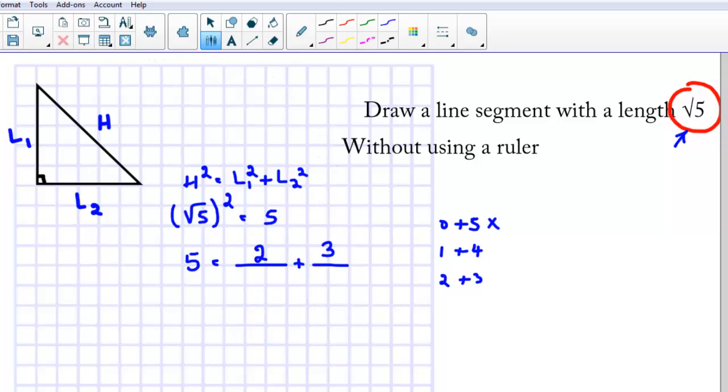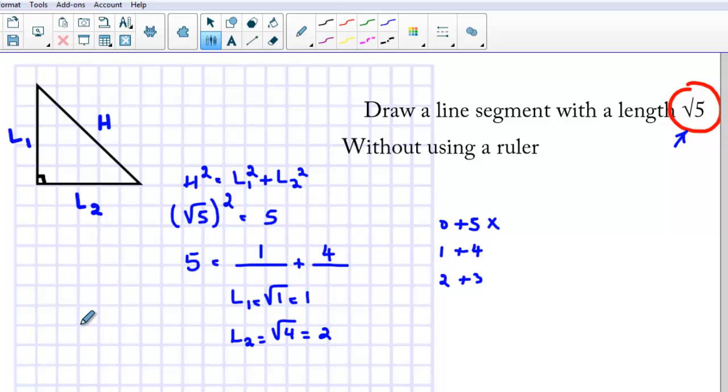So let's forget about 2 and 3 and use 1 and 4. Because 1 and 4 are perfect squares, this is a good choice. In this case, leg 1 is going to be the square root of 1, which is 1, and I can draw 1. Leg 2 is going to be the square root of 4, which is 2. Can I draw 2? Yes, for sure.